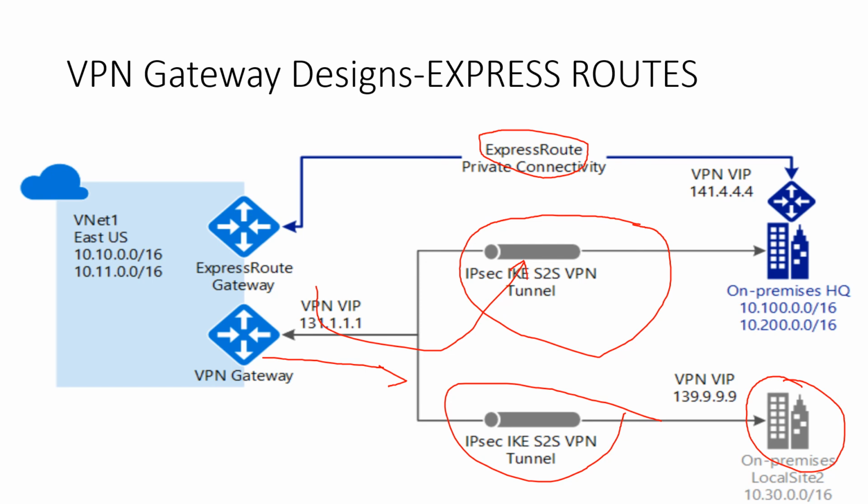It's a completely isolated site, and in that kind of scenario you can also use this. So there are two different scenarios where you can use it: one is as a backup for your ExpressRoute, or you can keep one site separate which is not connected through ExpressRoute. So that's all.